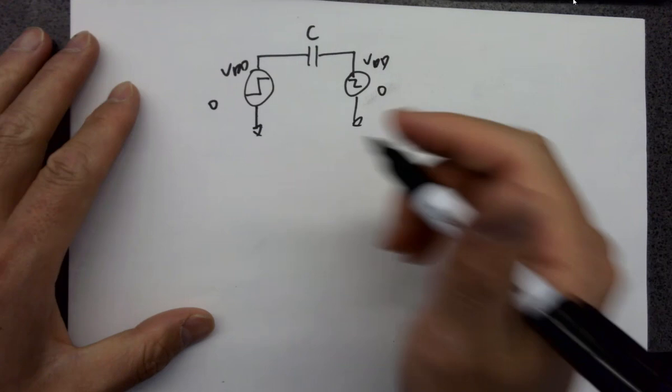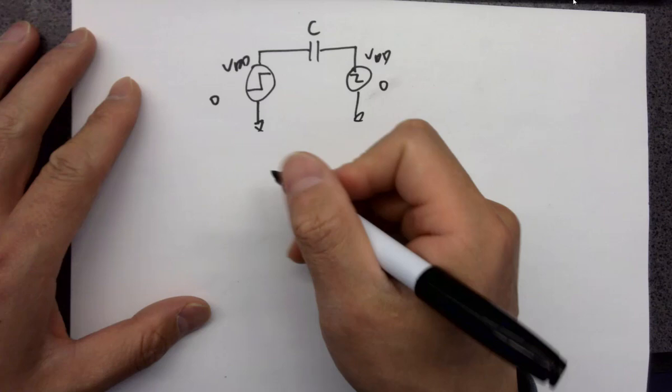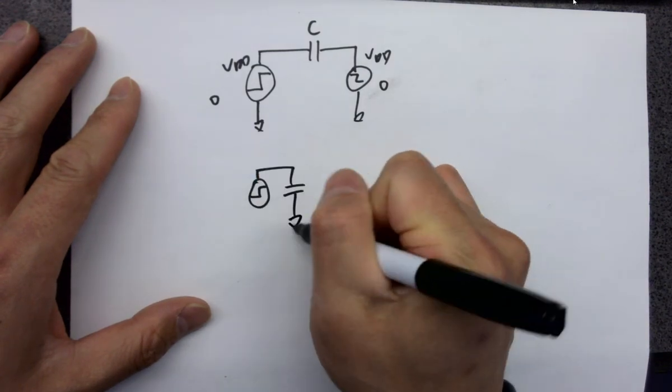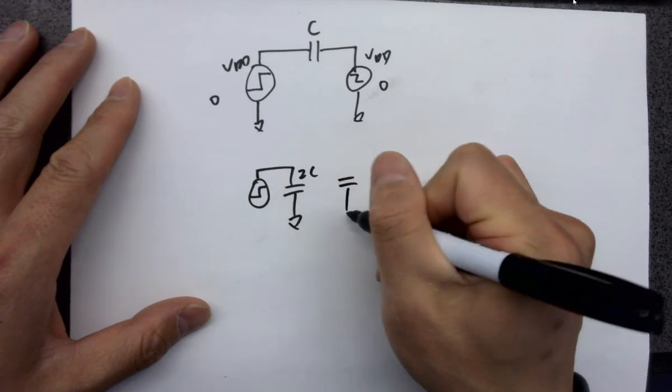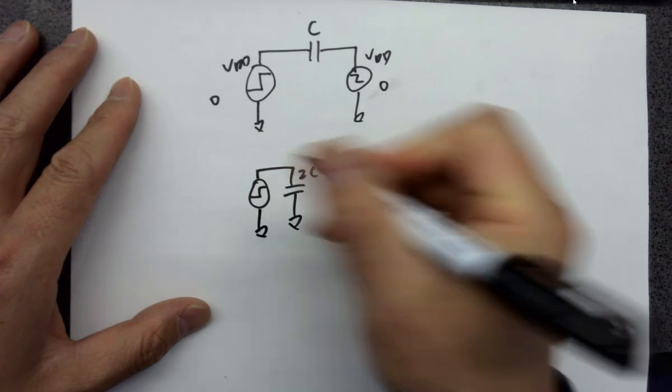And the consequence is that, looking from each voltage source, it seems like a 2C on each side. Alright, so that's the result.